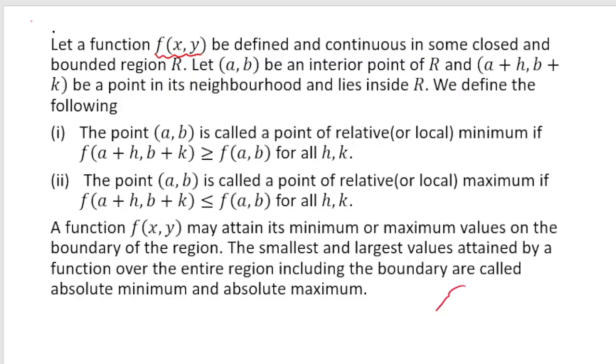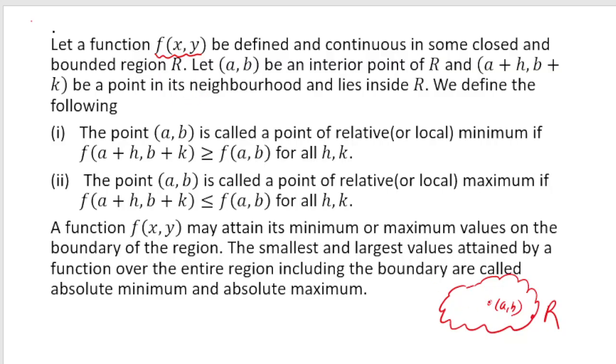So suppose we are taking a region, and I call this region R. And there is a point in this region which I am calling a comma b. This point is an interior point of R, meaning this is not lying on the boundary, this is inside the region. And a plus h comma b plus k be a point in its neighborhood.